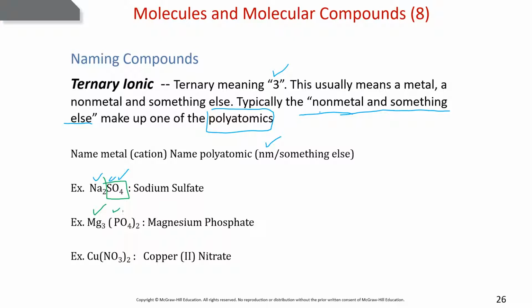Mg, P, and O, my 3 different separate elements. You will see if you look on your list of polyatomics that PO4 is phosphate. And I would just name this magnesium phosphate. You'll note for the transition metal also, copper, I use the Roman numerals to indicate which copper I have. In this case, I have copper(II), and it's copper(II) nitrate.